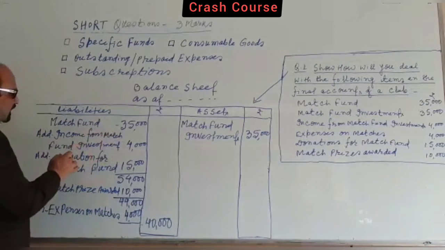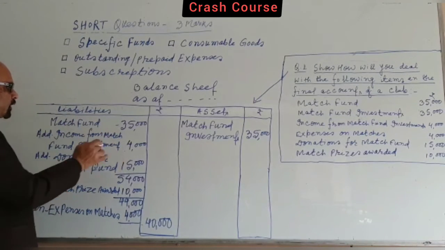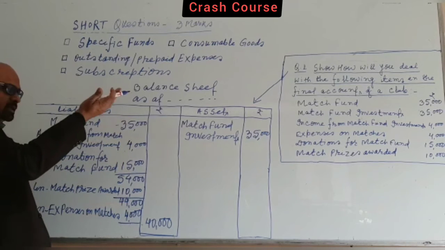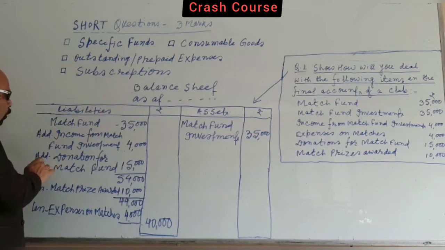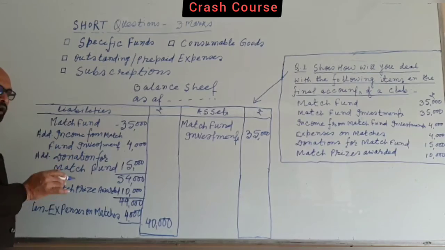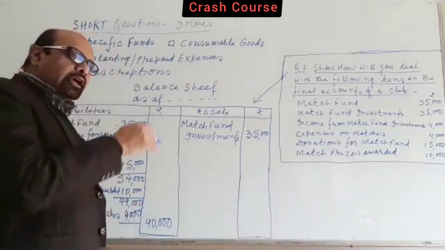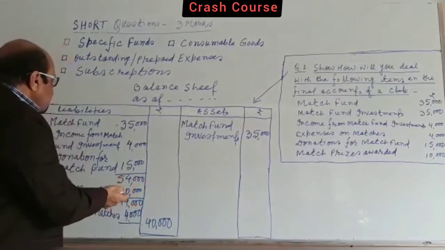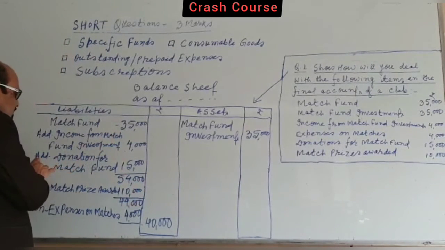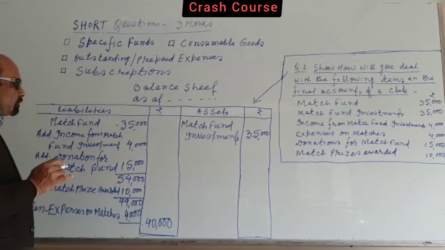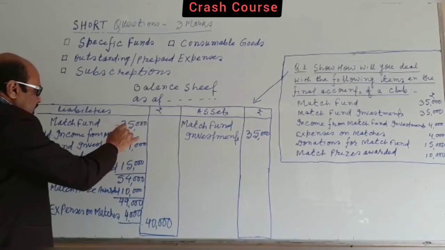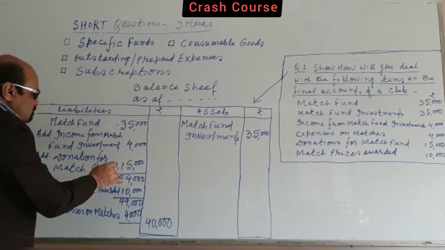Income from match fund investment is 4,000. So due to this, the fund increases. Now donation for match fund. For the match fund, the organization receives donation. Here also the match fund increases. That's why we add this amount here. How much? 15,000.